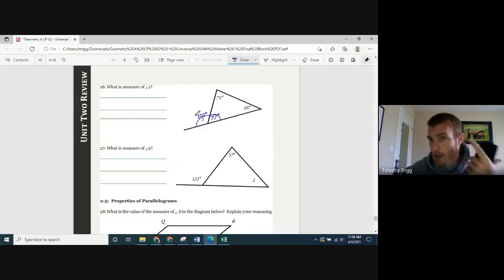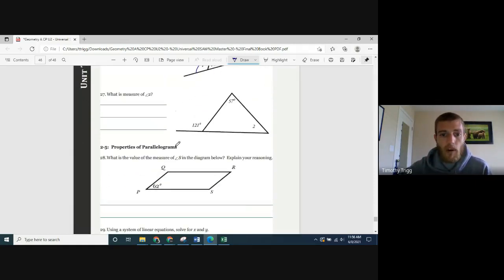But if you forget that pattern, always just find the stuff that you know. The main thing I want you to know is that a linear pair always adds up to 180, and that the three angles in a triangle also always add up to 180. So in our case, the measure of angle 1 equals 103 degrees.